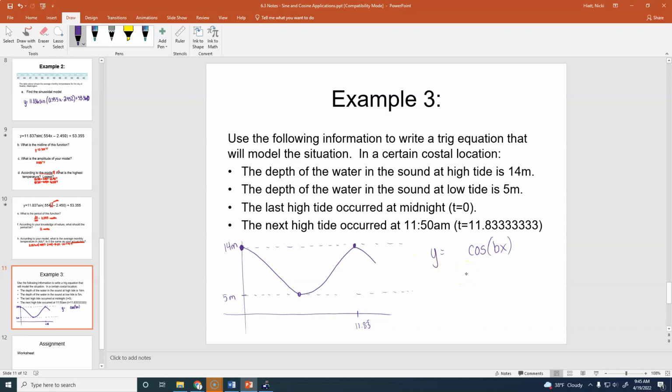Let's do midline first, because you really need midline to get... well, you can get amplitude without midline, but what would our midline be? It's right here somewhere, right? Somewhere between 5 and 14. How would we find exactly what it is?